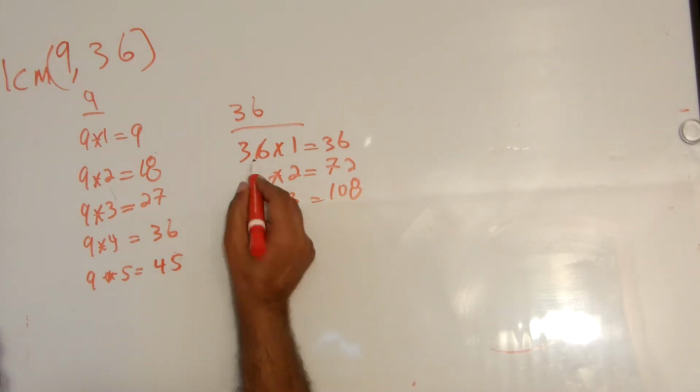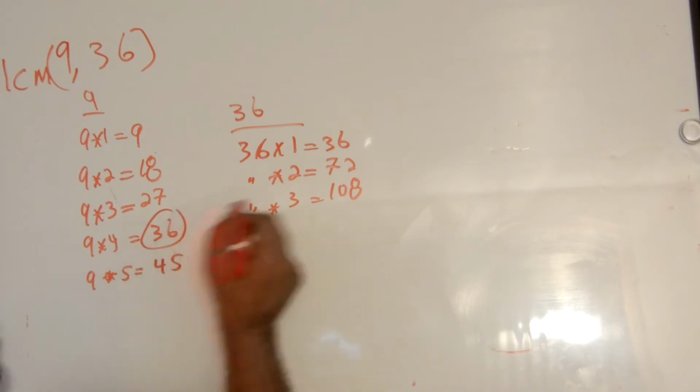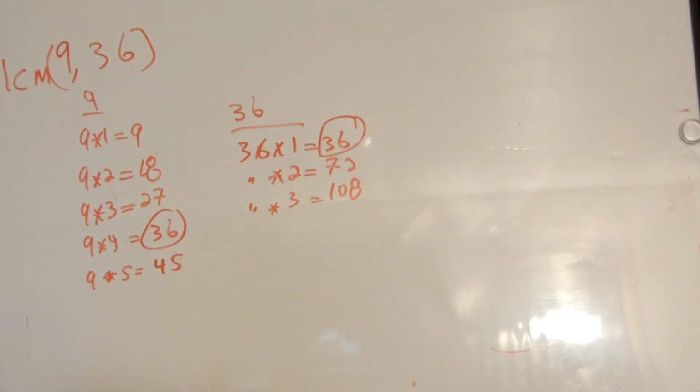See, we find that 36 is common. The least common multiple of these two is 36.